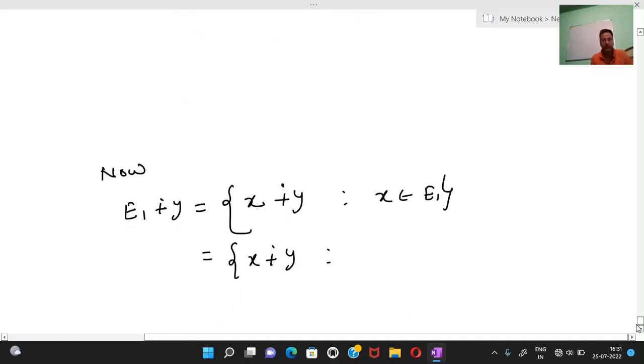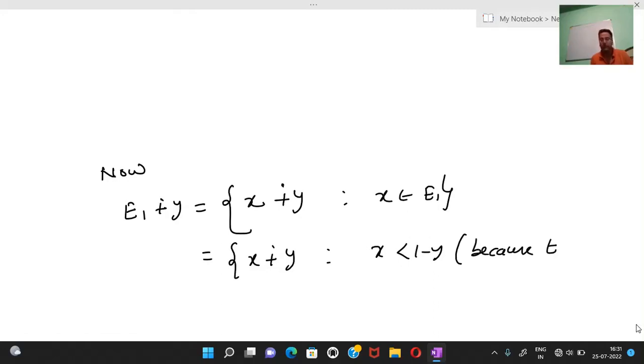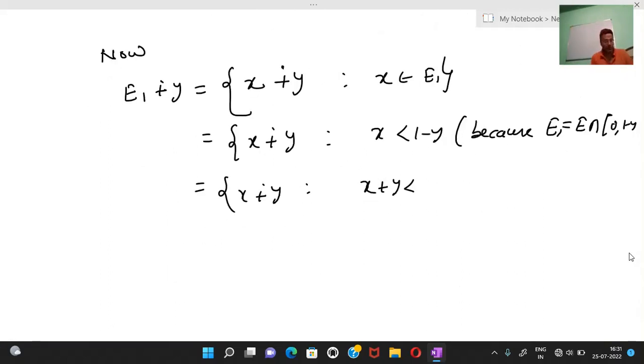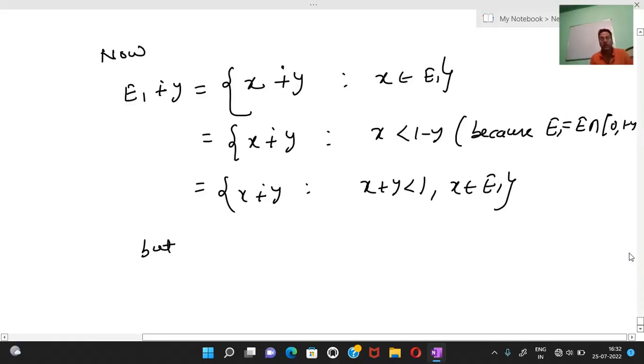We can write it as x plus y less than 1 and x belongs to E1. By the definition of sum modulo 1, x plus-dot y equals x plus y when x plus y is less than 1.